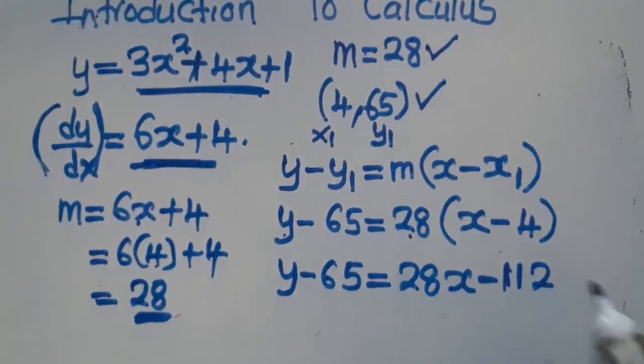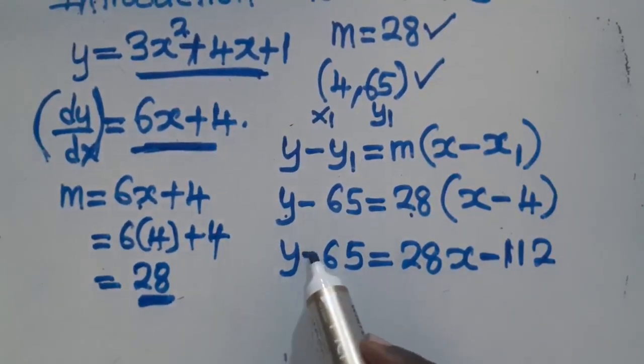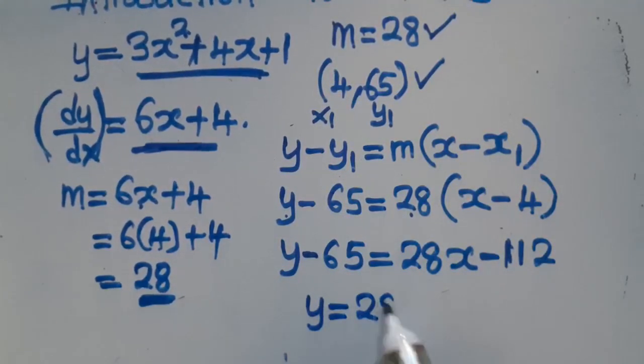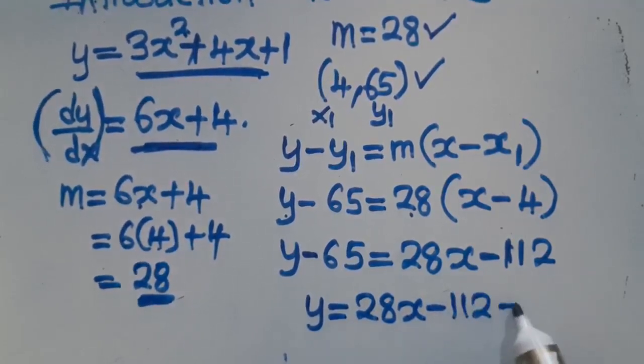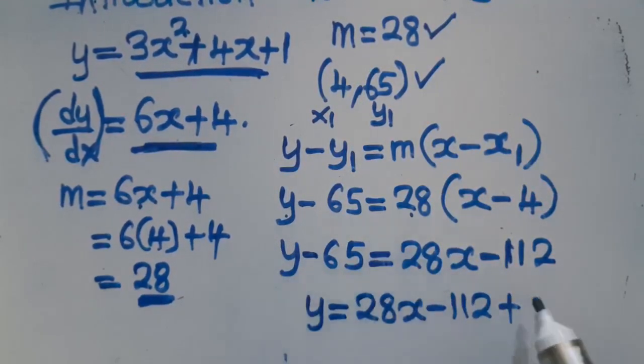From here, what are you supposed to do next? You group the like terms. Only this one will go to the other side, so that we just remain with y. y is equal to 28x minus 112. This one becomes plus; when it crosses the equal sign, it changes to plus 65.